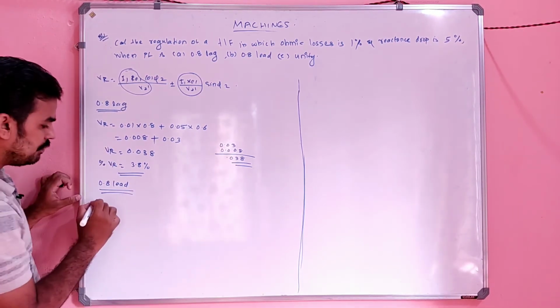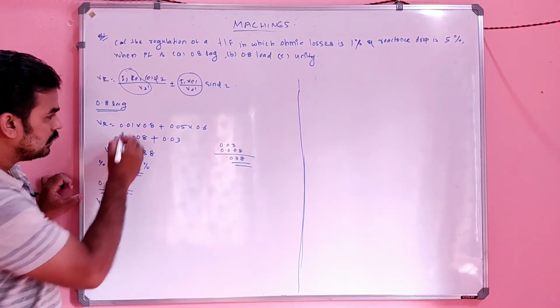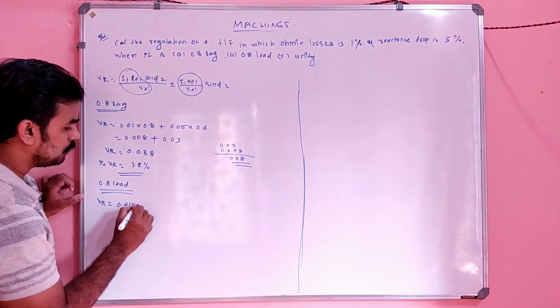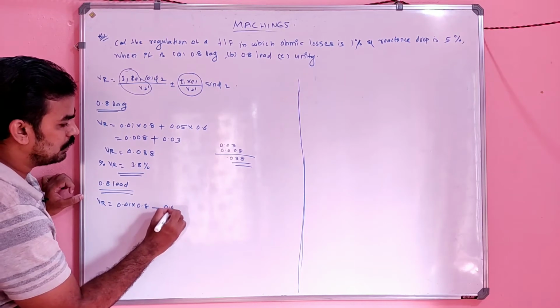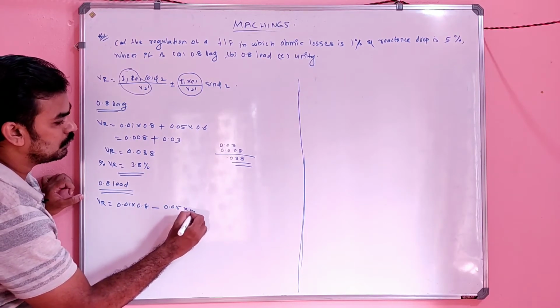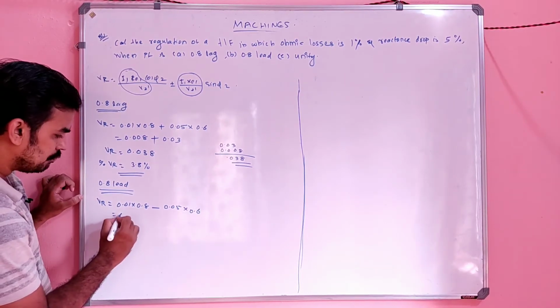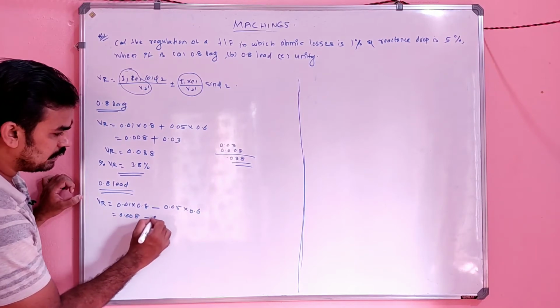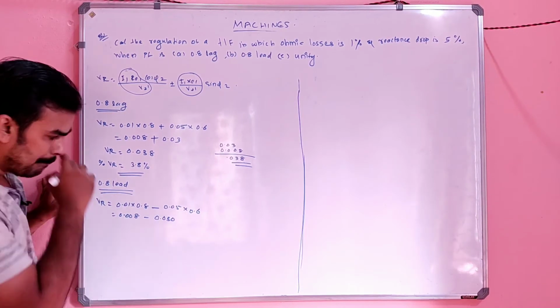Next condition is 0.8 lead. What will be VR now? It is 0.01 into 0.8 minus 0.05 into 0.6. It will become 0.008 minus 0.030.